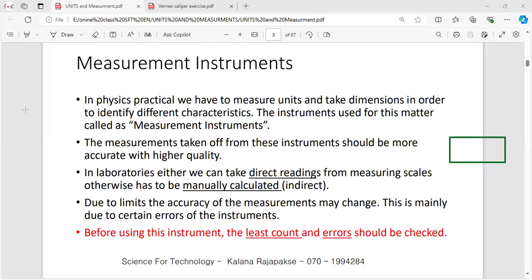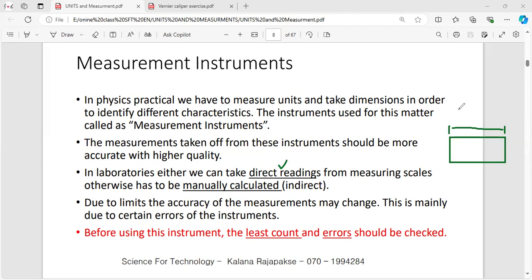You can take a meter ruler, put the 0 here, and find the distance up to this point. So this is called a direct reading. But this is only limited to the meter ruler.